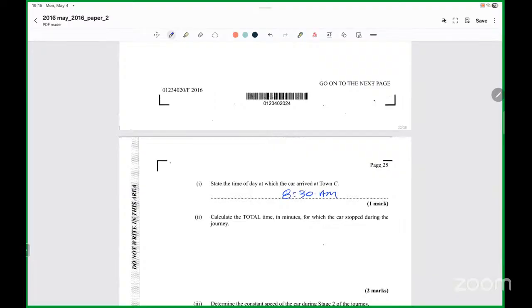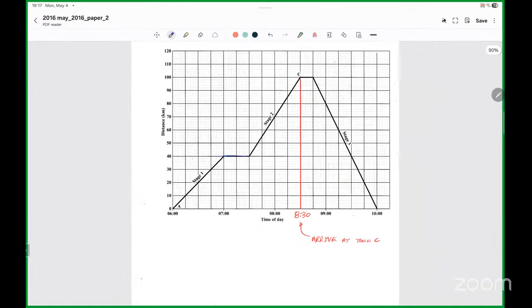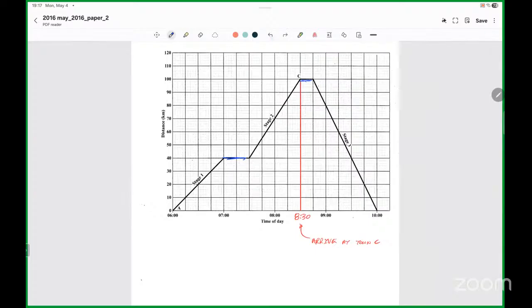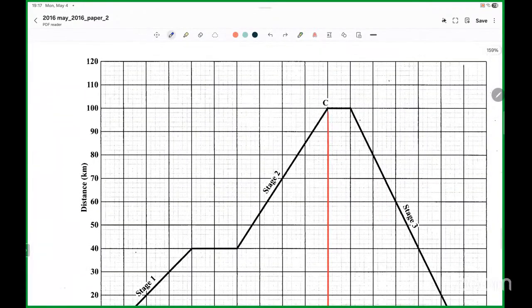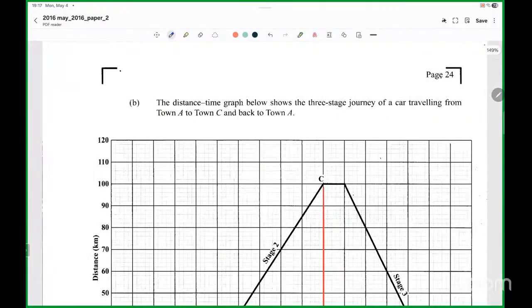Next one, calculate the total time in minutes for which the car stopped during the journey. It stopped twice. When it stopped, the distance did not change, right? So this is a stop. Let's call it stop 1. This is stop 2.